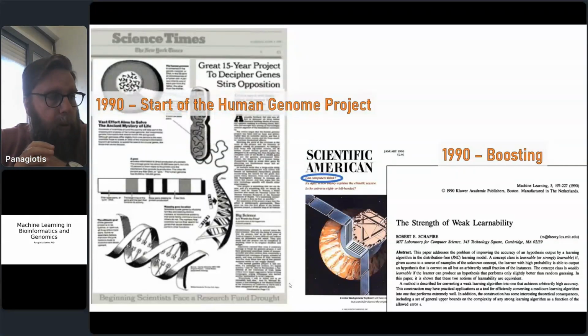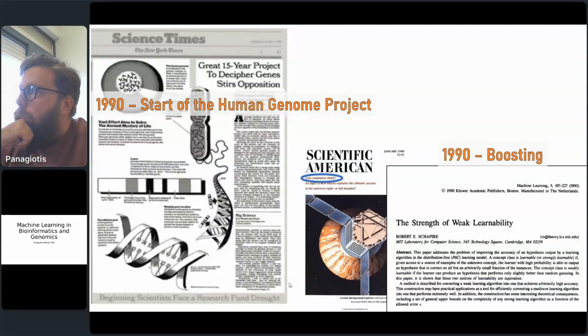It's a 15-year project that is funded by many governments around the world and mostly the US. And the idea is to basically try to use the techniques that exist at the moment, but also develop new ways to accelerate this project and to sequence every letter of the billions of letters from one human genome.